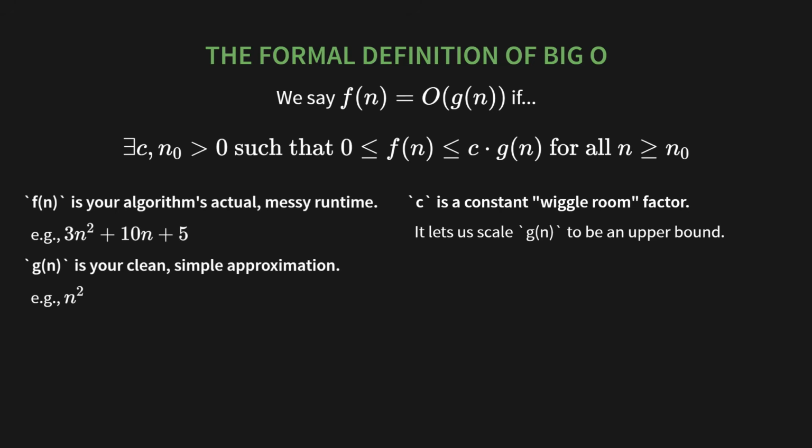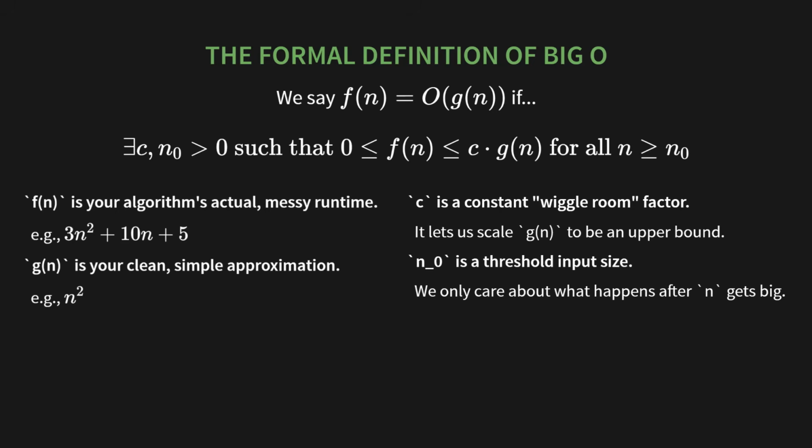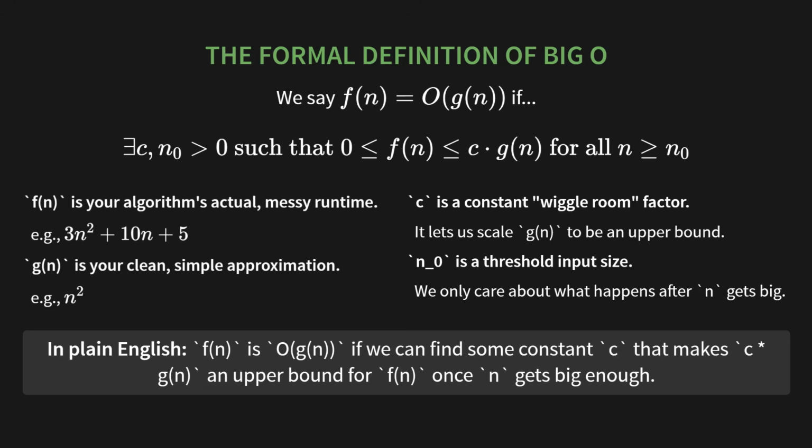And n0 is a threshold input size. It just means we only care about what happens after n gets big. So, in plain English, f of n is O of g of n if we can find some constant c that makes c times g of n an upper bound for f of n once n gets big enough.